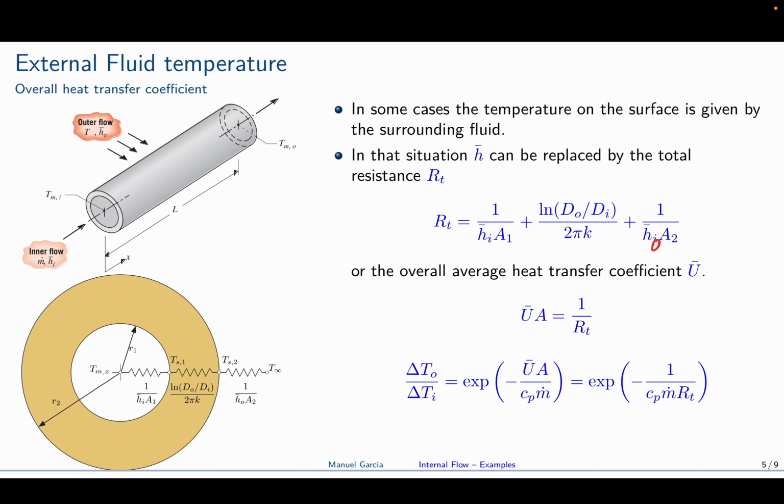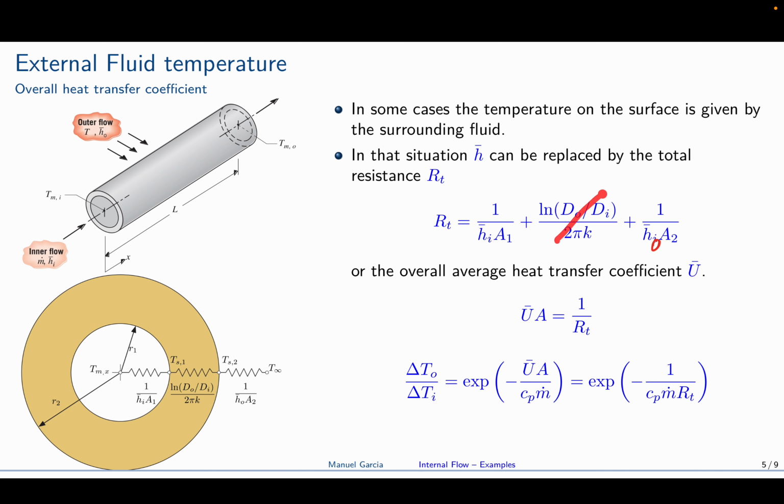Now, as we discussed before, the middle term is approximately equal to 0 due to the fact that the inside diameter and the outside diameter are more or less the same. So the ratio is approximately equal to 1, and the natural log of 1 is 0. Also, if the material of the pipe is highly conductive, this k is a large number, so one divided by a large number is a small number.